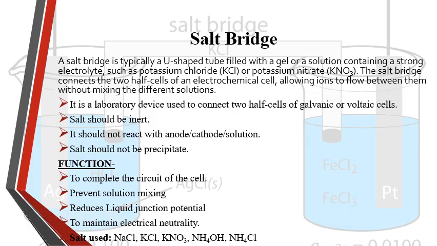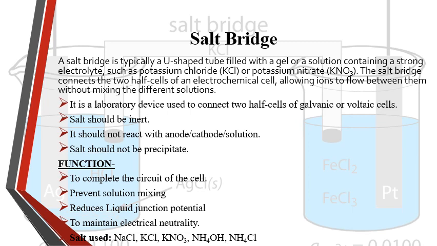Now, the importance of the salt bridge in an electrochemical cell. Without the salt bridge, the chemical cell would quickly reach a point where the reaction could no longer proceed due to charge imbalance. The salt bridge thus plays a vital role in sustaining the flow of electrons and the overall function of the cell.